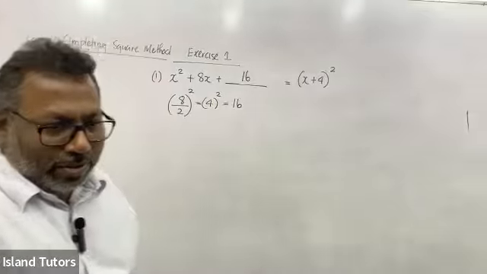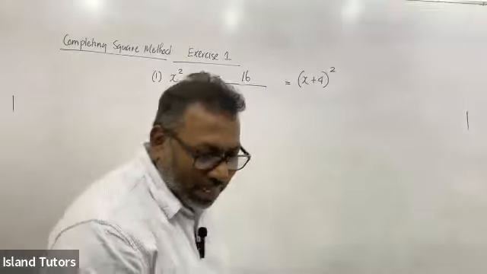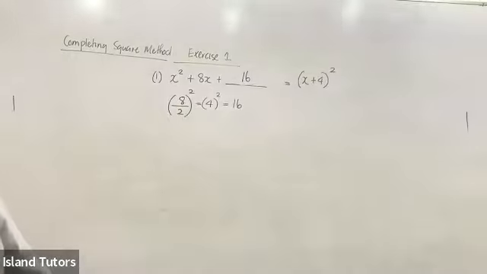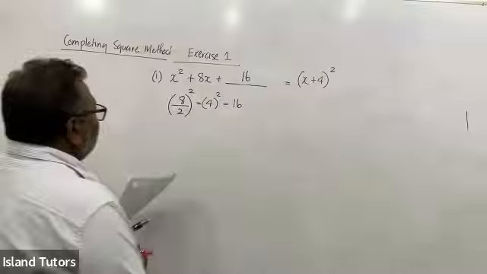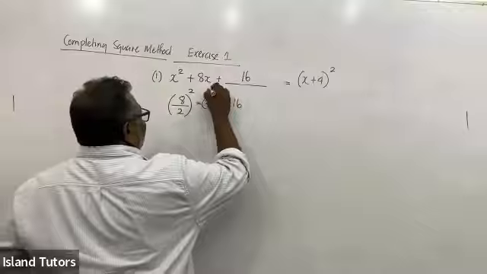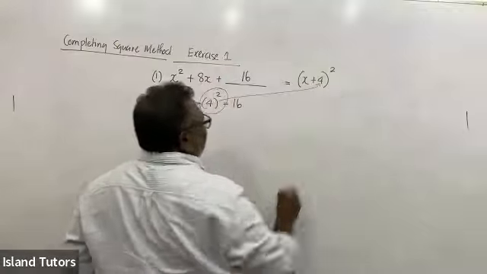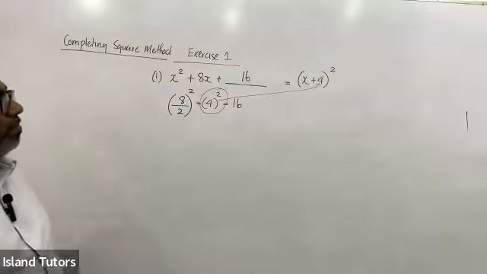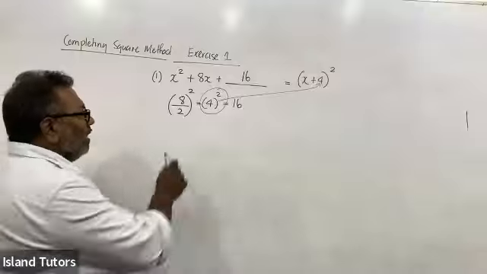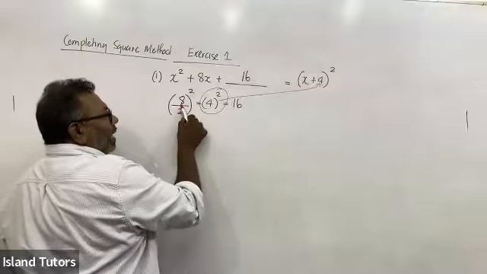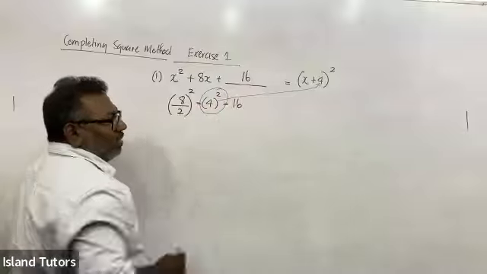You followed? Okay. Now I'll give you the next connection, the relationship. Can you see this 4 squared is the same as this over here? So when you divide the middle term by 2 and square it, you're getting the last term.